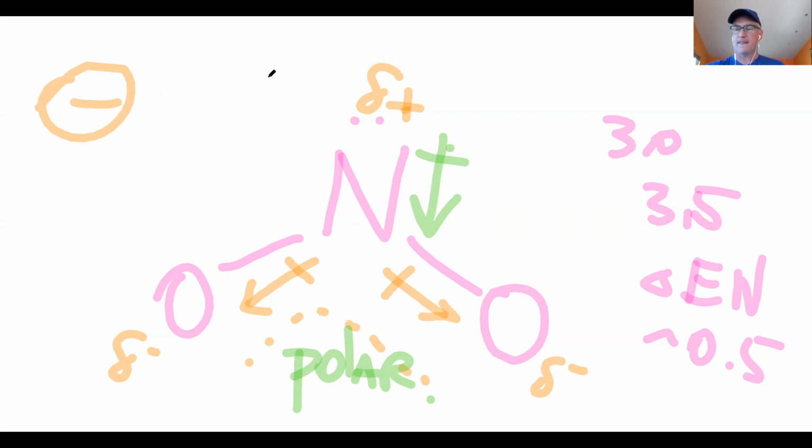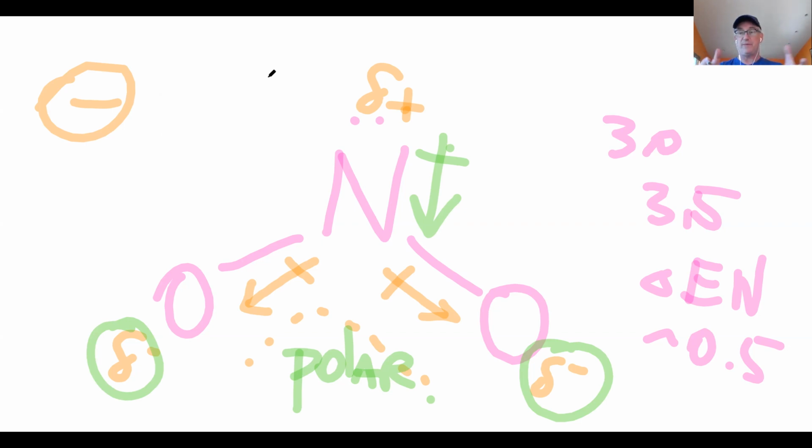How do you indicate that it's charged in the VSEPR drawing? No, I don't think that's necessary because that negative charge is distributed between the two oxygens. Neither one of them has a charge on it. But this delta negative and this delta negative are going to be slightly bigger than would be otherwise.